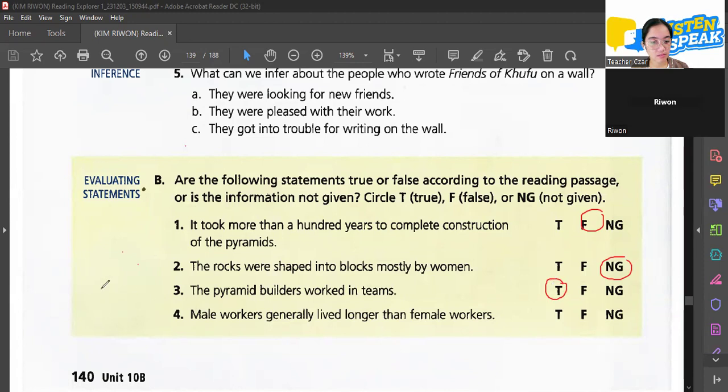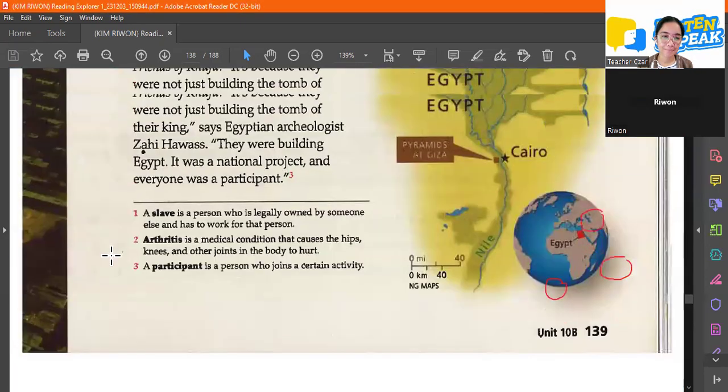Male workers generally live longer than female workers. Well, I mentioned it earlier. Okay, I will show you again.